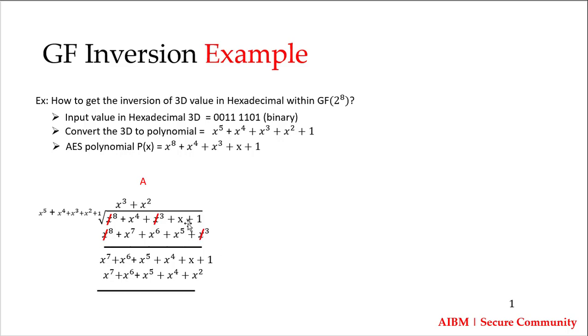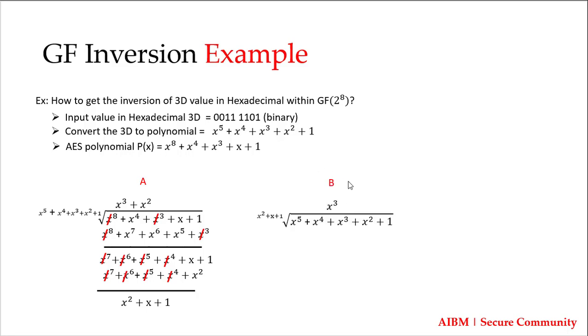Then we will multiply by x^2, and the result will be x^7 + x^6 + x^5 + x^4 + x^2. Then we will delete x^7 with x^7, x^6 with x^6, x^5 with x^5, x^4 with x^4, and the result will be x^2 + x + 1.